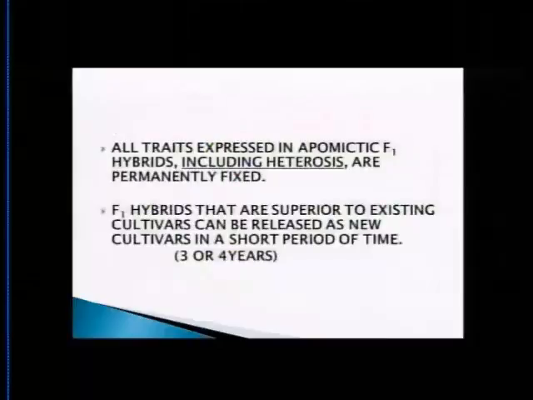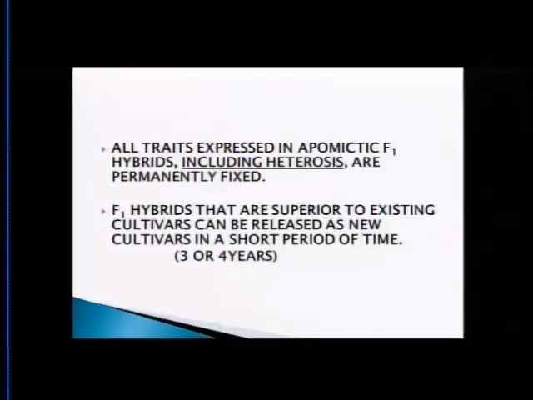All traits expressed in the F1 hybrid, including heterosis, if there is any, are permanently fixed if that F1 plant is highly apomictic. And in forage grasses, I said, most grasses are facultative. Now, if you've got something that's 95% or higher apomictic, you're not going to get many off types. And in forage grasses, you don't have to have a uniform product.